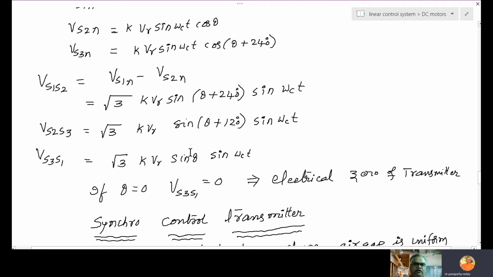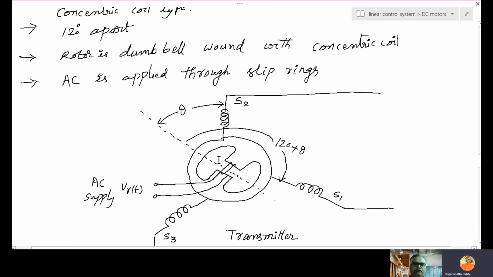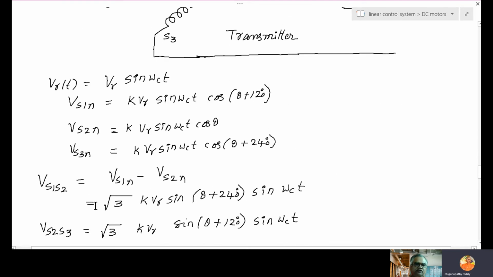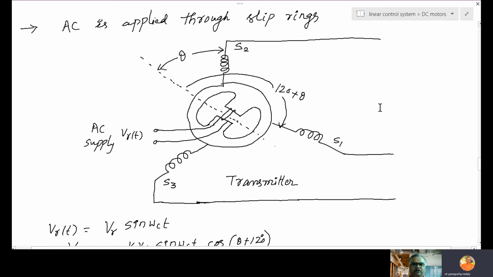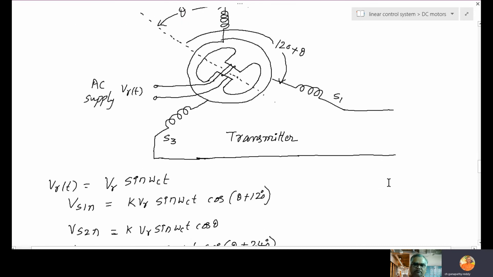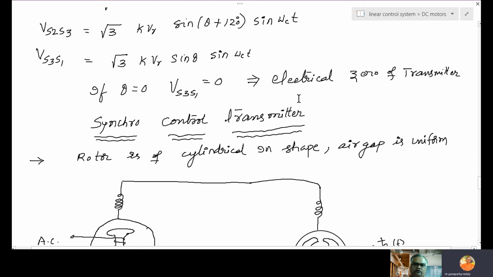Okay. Now if theta equals 0, the voltage across S1 and S3 equals 0. This is called the electrical zero of the transmitter. If theta equals 0, this dumbbell shape is vertical, exactly below S2, and the voltage across S1 and S3 becomes 0.